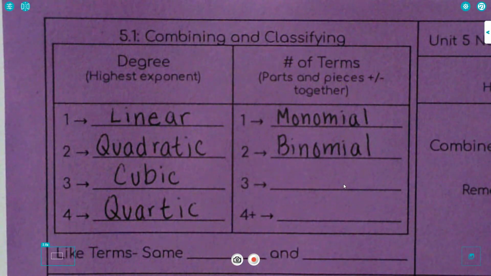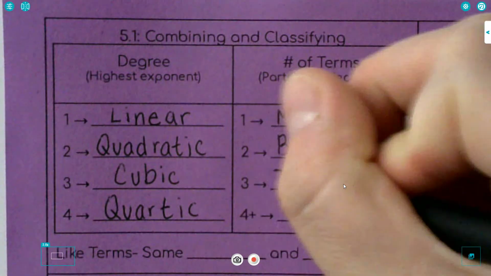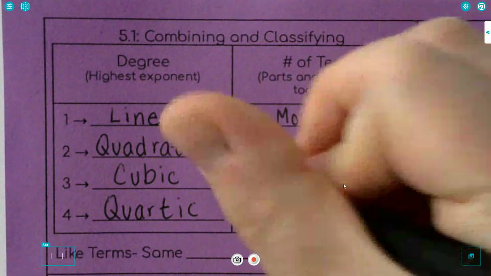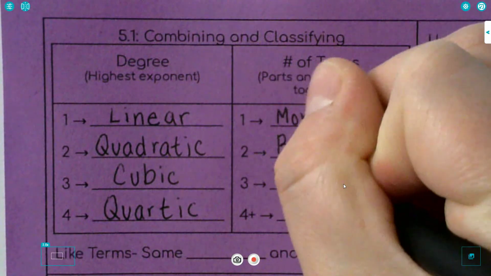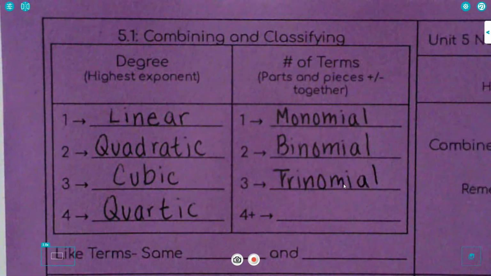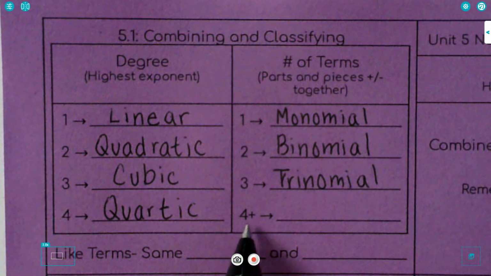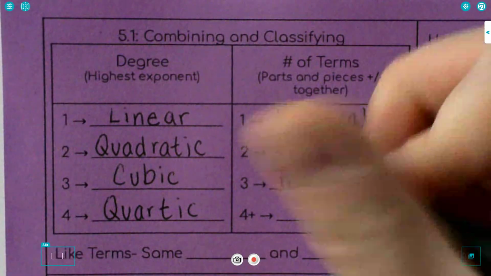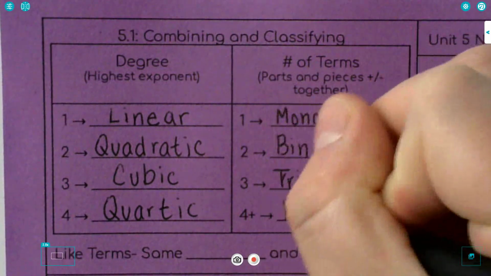Three terms is a, well, I can't white out because this isn't white paper. Trinomial. The T looks weird. And 4 or more terms. So there's a plus sign there. 4 plus. Once you get to 4 or more, it is a polynomial. Poly just means many.